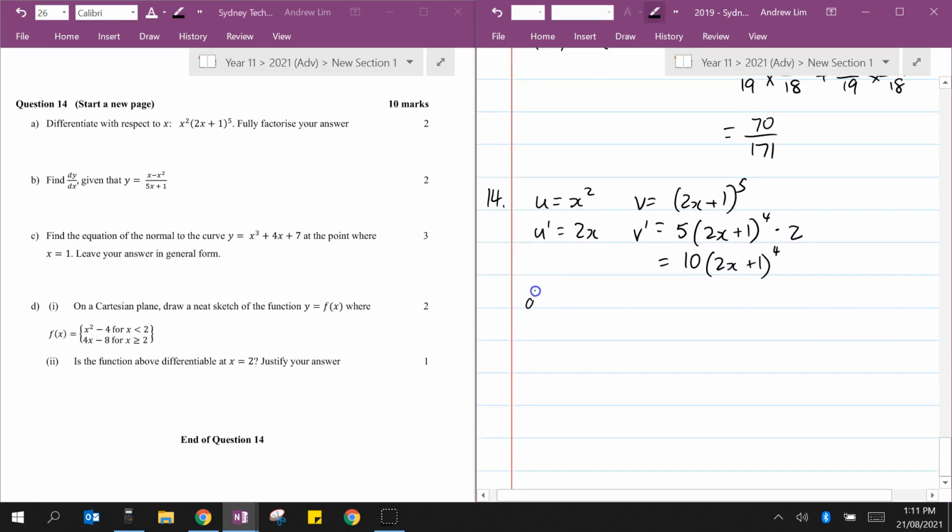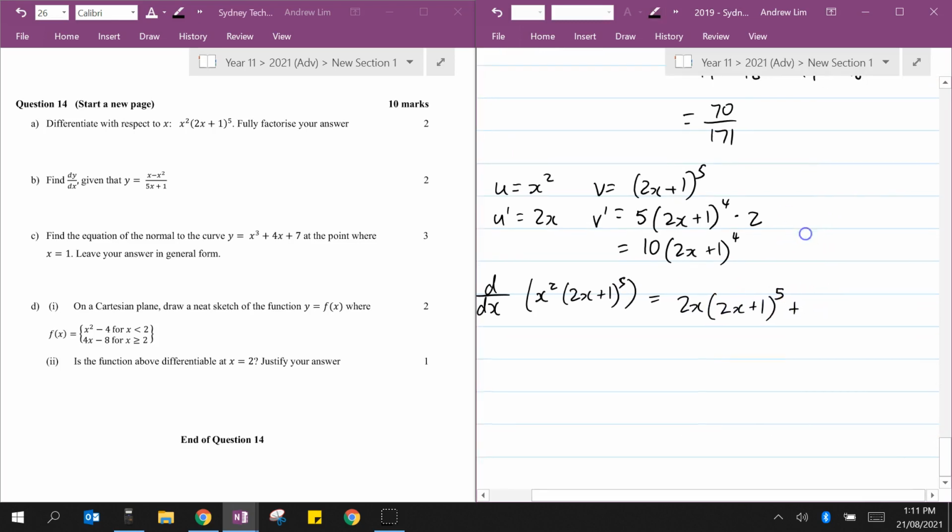So if we want to differentiate d dx of x squared times 2x plus 1 to the power of 5, that's equal to vu dash, 2x times 2x plus 1 to the power of 5, plus uv dash. That gives us 10x squared bracket 2x plus 1 to the power of 4. Now the question says we need to fully factorize our answer.